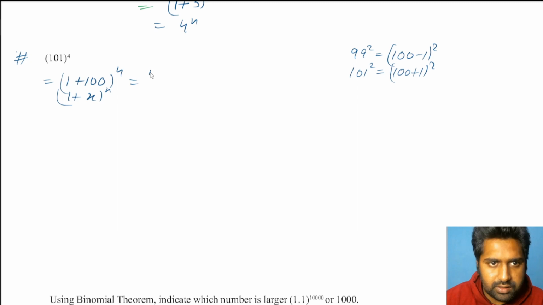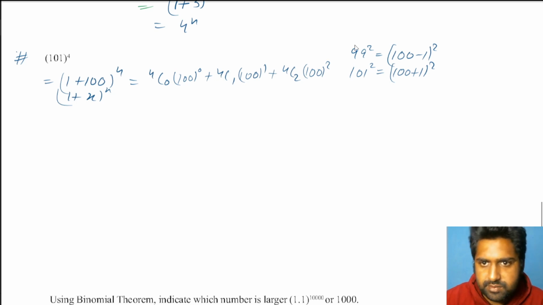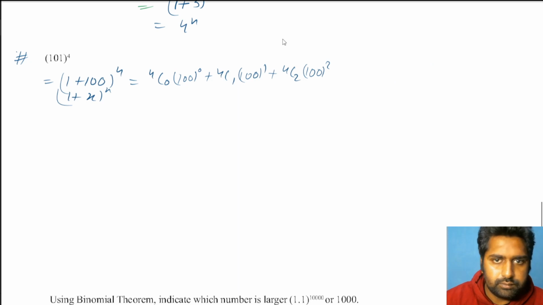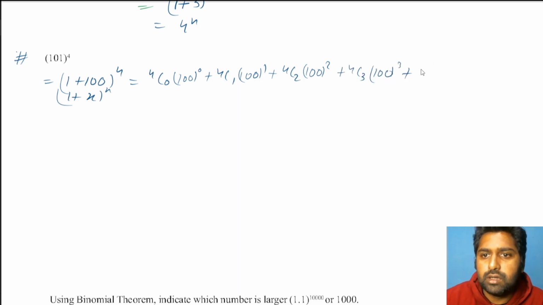We'll start with 4c0, 100 raised to power 0, 4c1, 100 raised to power 1, 4c2, 100 raised to power 2. Let's erase it, create some space, you get the idea. 4c3, 100 raised to power 3, 4c4, 100 raised to power 4, and that's it.